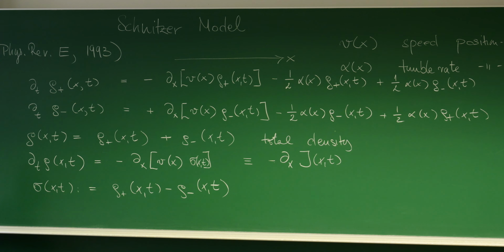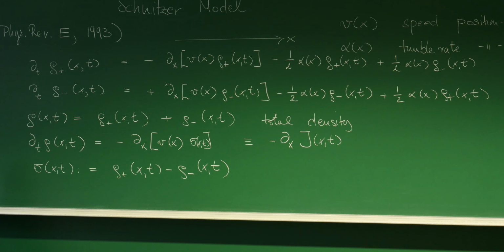Okay, that's not all. That's the equation for the total density. You need an equation for the density difference between rho plus and rho minus.